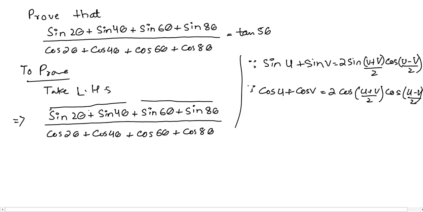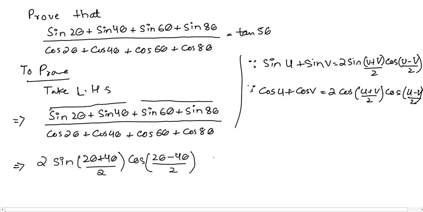Great. For these two terms we have u equal to 2 theta and v equal to 4 theta, so we simply apply this identity. We first write 2 and sine of u plus v, so sine of 2 theta plus 4 theta divided by 2, and cosine of 2 theta minus 4 theta divided by 2.